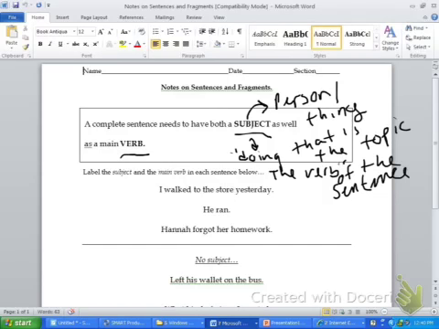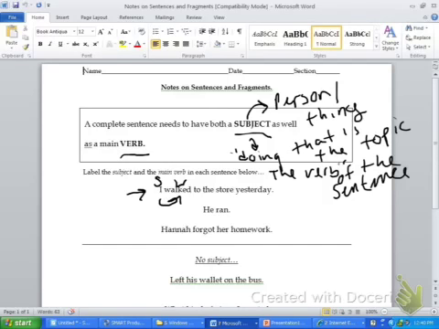I walked into the store yesterday. See if you can take a minute and identify the subject. So your subject is going to be I, and your main verb is going to be walked. The subject is doing the walking.